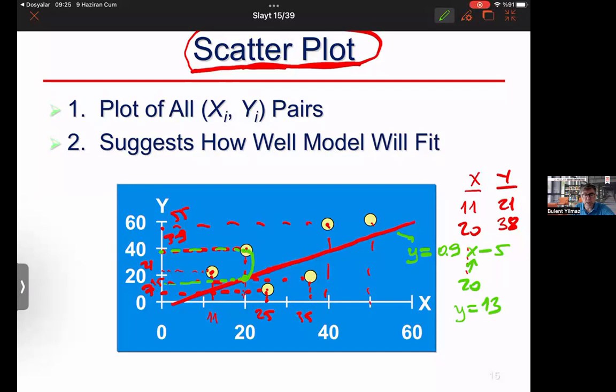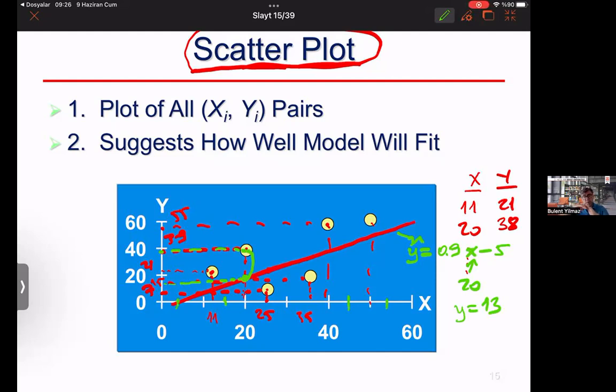Okay, you understand, arkadaşlar? How do I find the predicted value? Predicted y, and x is my value. This is going to be my prediction. But what is the trick here? I have some data. For example, I don't have any data from this x, or this x, or this x.